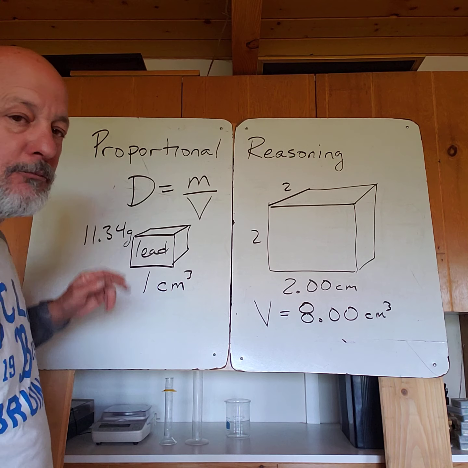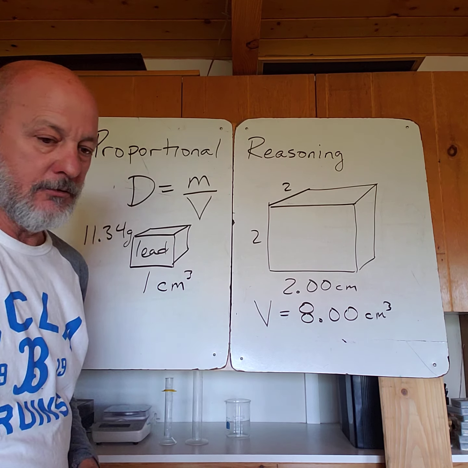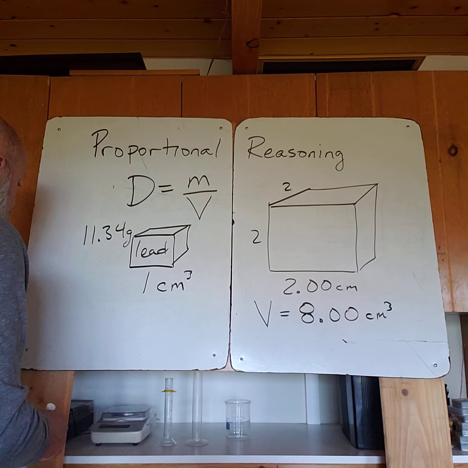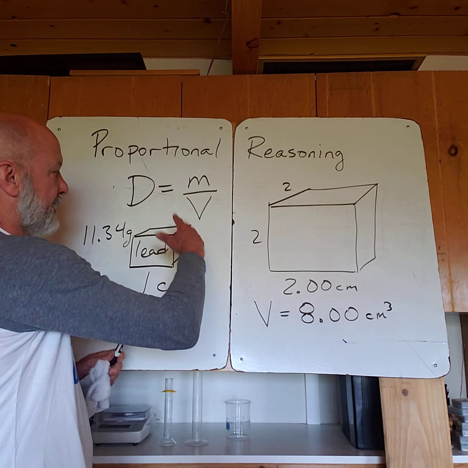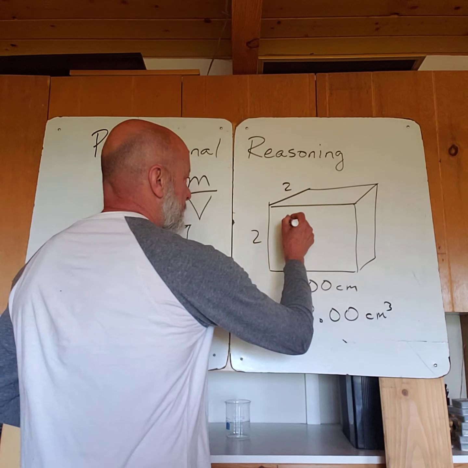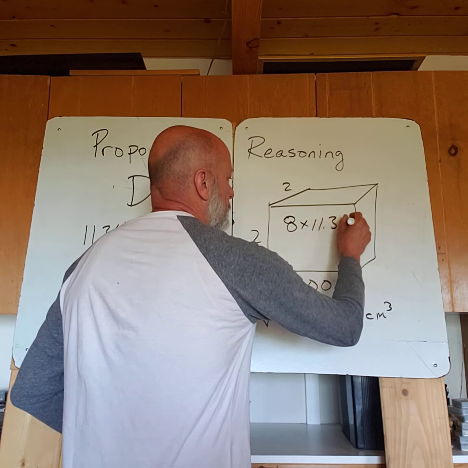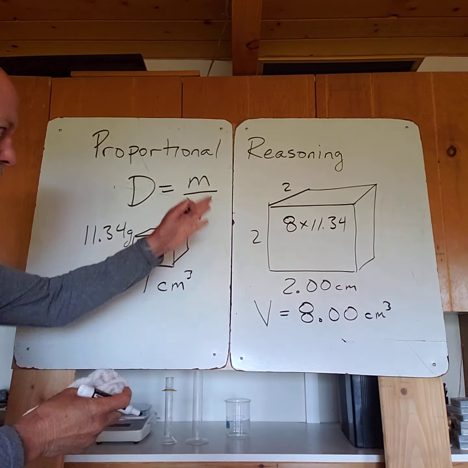So 11.34 times 8.00, and you get about 90.7. So it's going to be 8 times 11.34, and that makes sense.